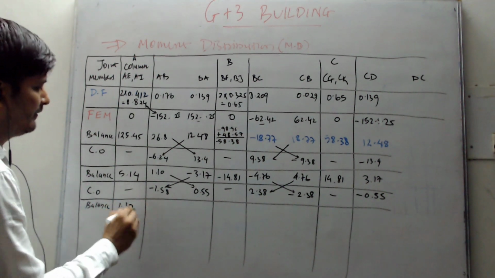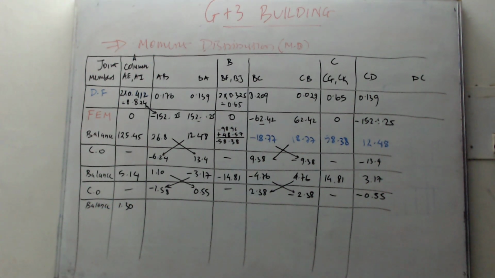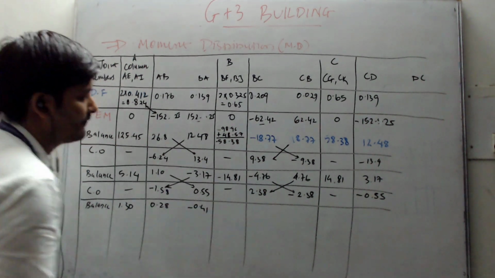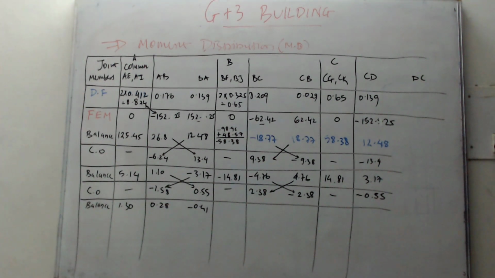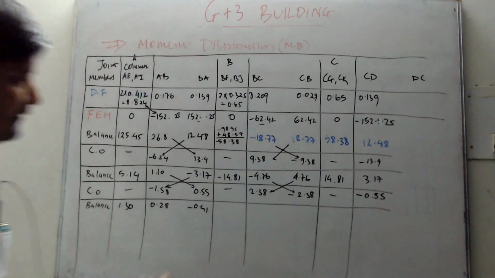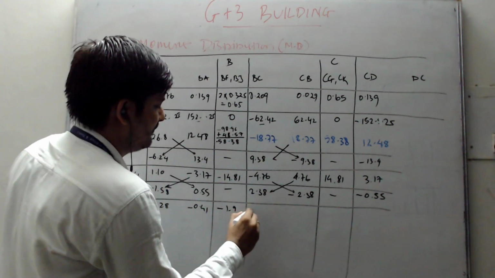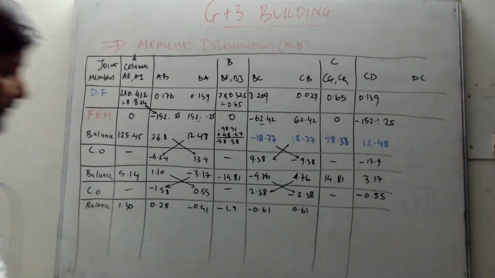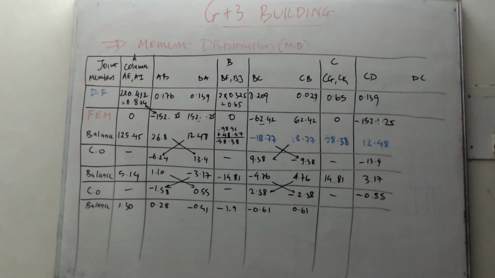Again minus 1.58 multiplied by 0.176, that is 0.28, minus 0.41, then minus 1.9, minus 0.61, 0.61, then 1.9 and 0.41.